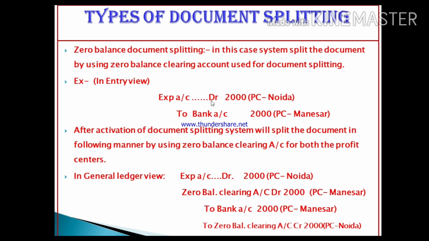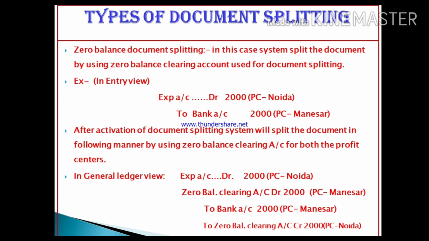You can see your expense account is of Profit Center Noida, and you paid through a bank account of Profit Center Manesar. Focus on this: we have taken different Profit Centers. So after activation of document splitting, the system will split the document in the following manner, using the zero balance clearing account for both Profit Centers.